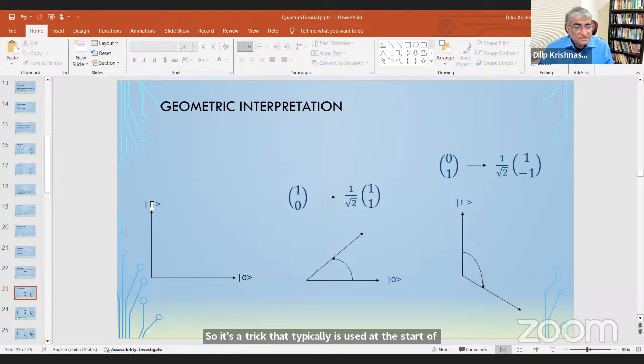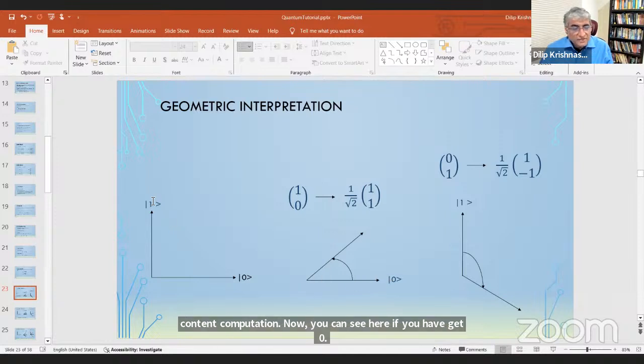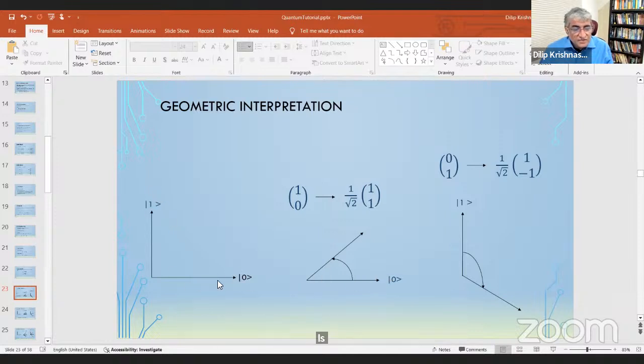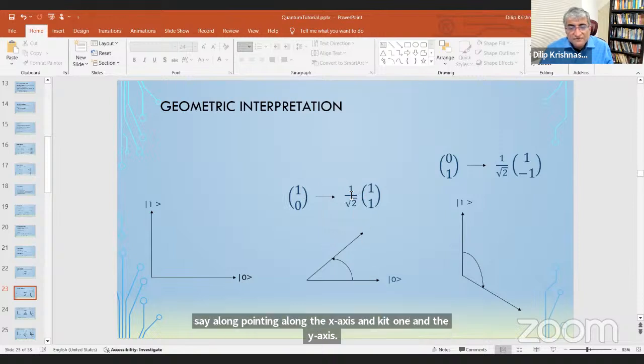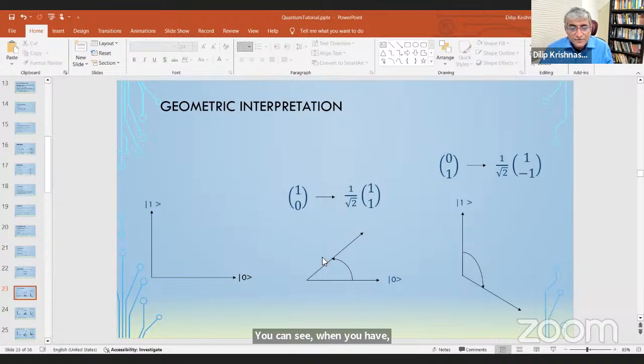So it's a trick that typically is used at the start of quantum computation. Now you can see here, if you think of the basis vectors, and ket 0 is pointing along the x-axis and ket 1 along the y-axis, when you have 1 over square root of 2 and 1, 1, you're effectively doing a 45-degree rotation anti-clockwise.